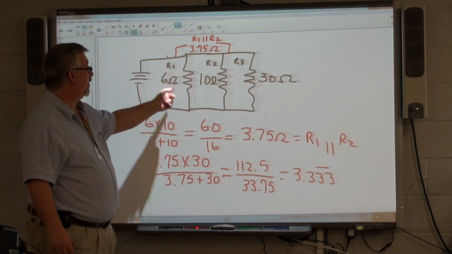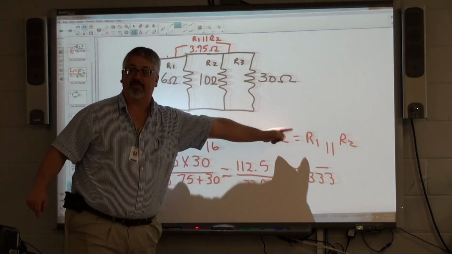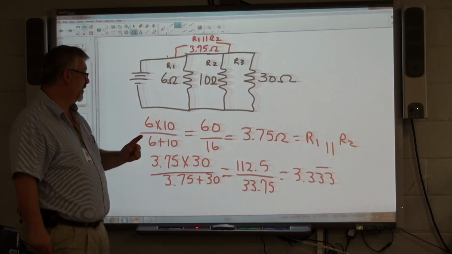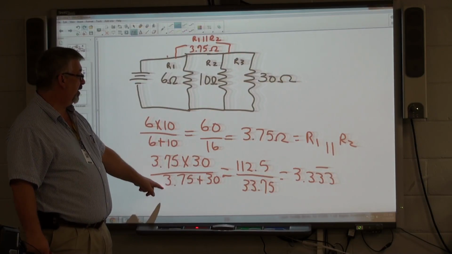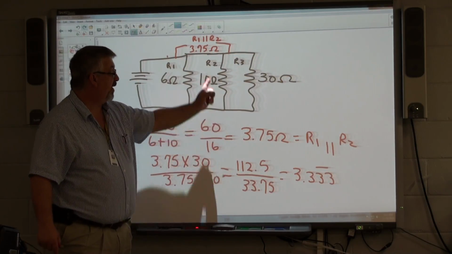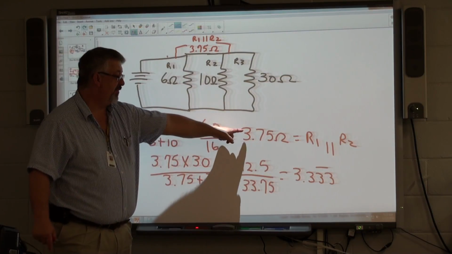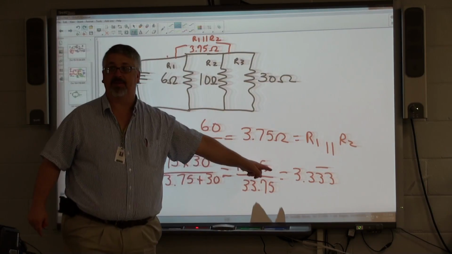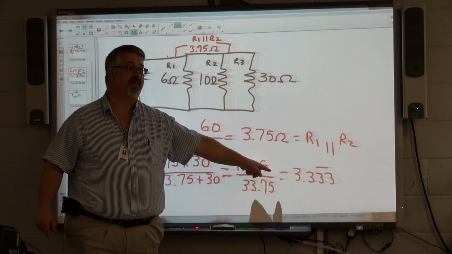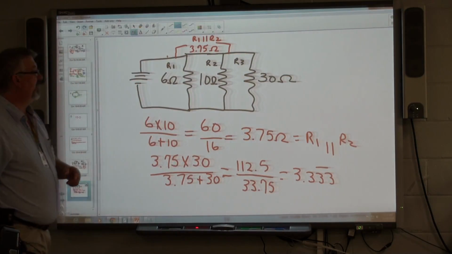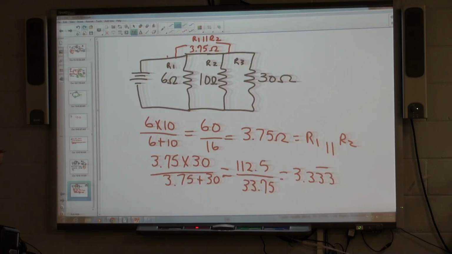We did the first two to get the equivalent value of R1 in parallel with R2, and then we paralleled that value with R3, and because its value was 3.75, we knew we had to come out with something less than 3.75. So we got 3.3333333. So that works. We know that at least all the way through, our math seemingly worked.